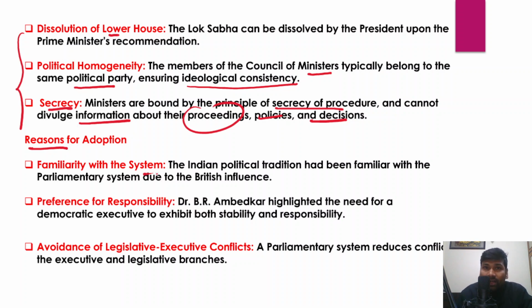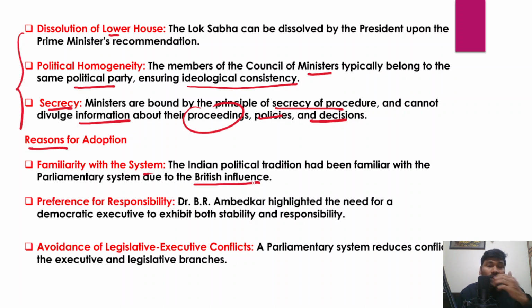We were under the control of Britain till 1947, and the British have the parliamentary form of government. Therefore we adopted the parliamentary form of government from the British. Since we have familiarity with it, it has a huge British influence.